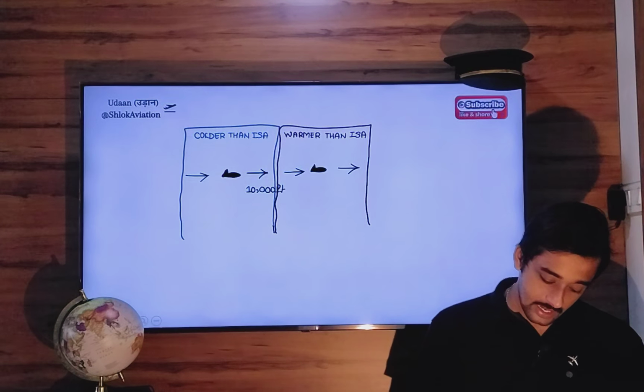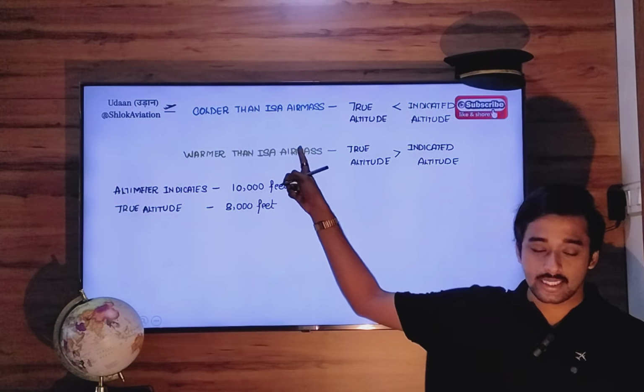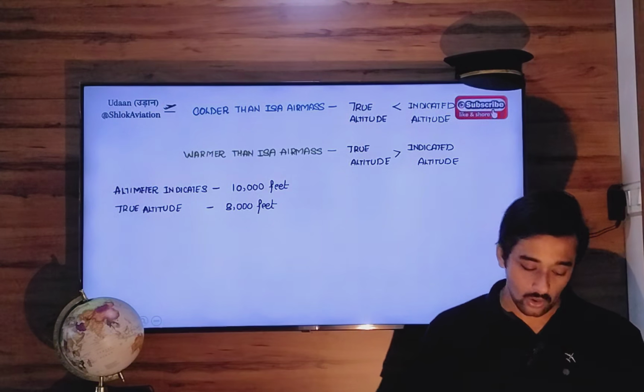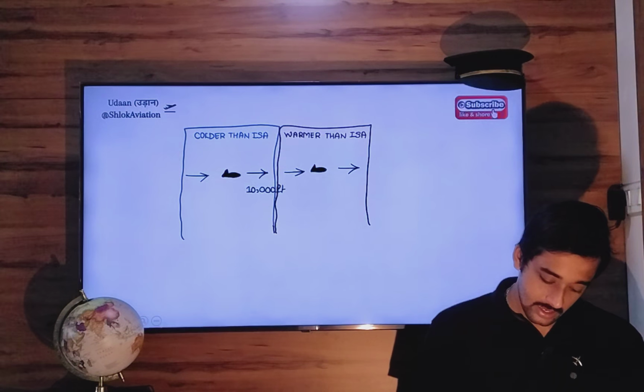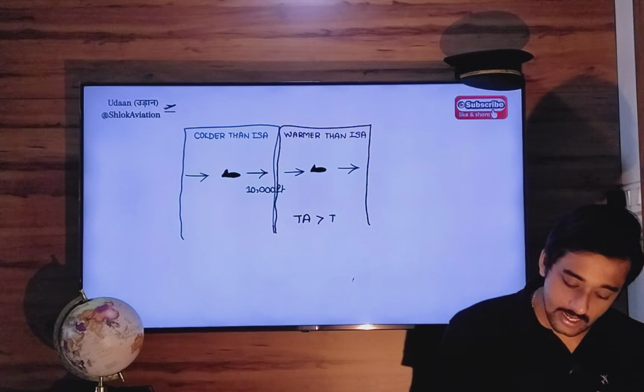So what will happen in warm air mass? When you are flying in warmer than ISA air mass, the true altitude of your aircraft is more than indicated altitude. So true altitude will be more than indicated altitude.